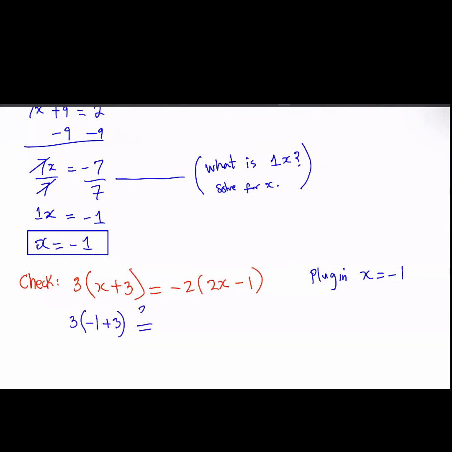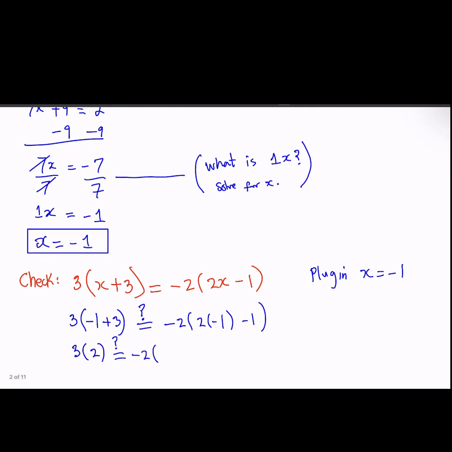You're checking if this is equal to, this question mark on top of the equal sign is simply checking if this is a true statement. And then here's negative 2 times negative 1 minus 1. When you simplify, this is 3 times 2. Is it equal to negative 2 times negative 2 minus 1, which gives negative 3?